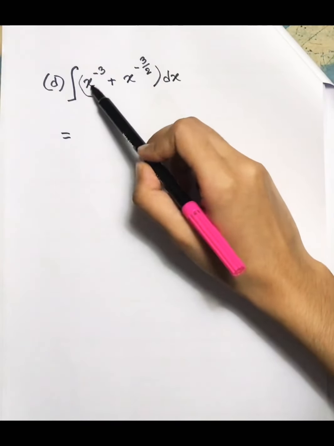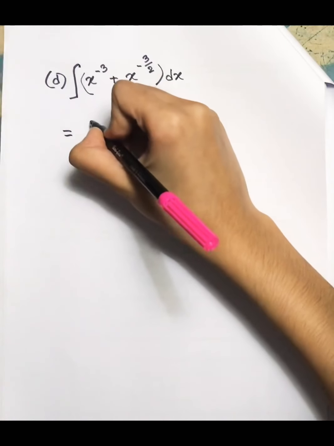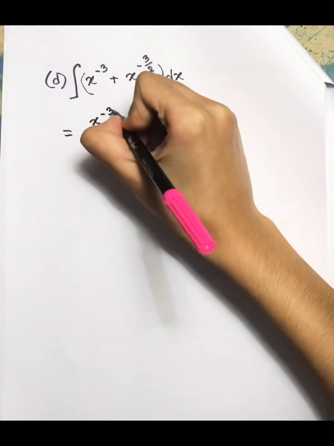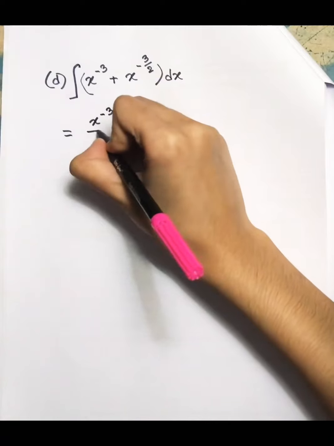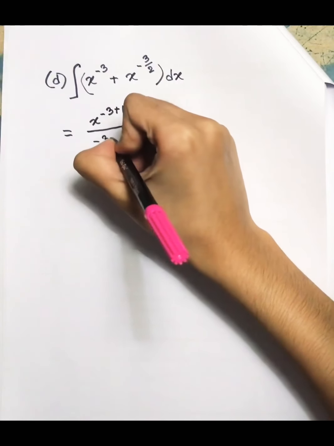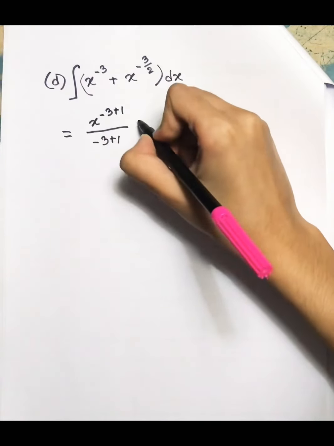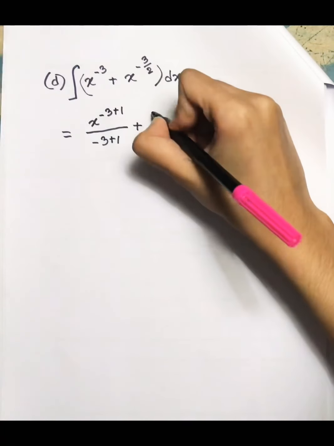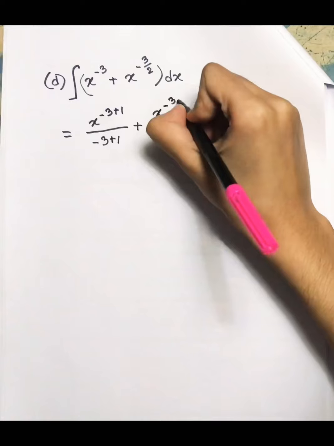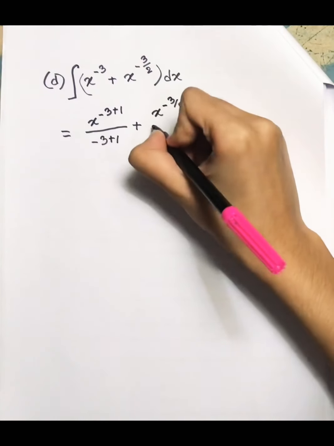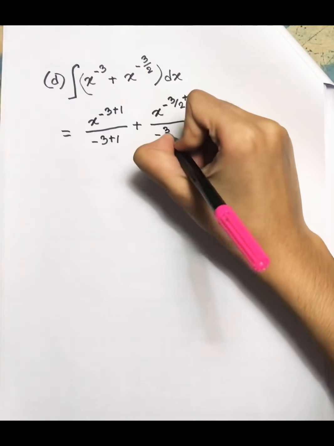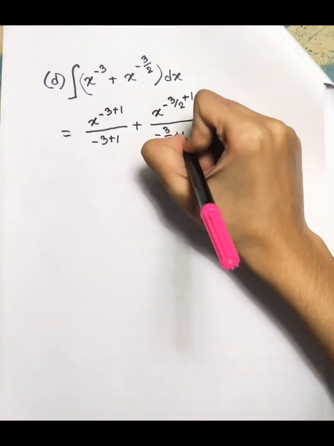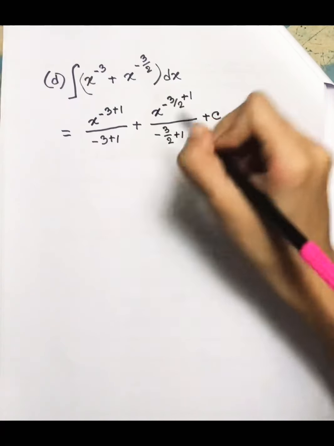So the integration of x to the power minus 3 is x to the power minus 3 plus 1 divided by minus 3 plus 1, and the integration of x to the power minus 3 by 2 is x to the power minus 3 by 2 plus 1 divided by minus 3 by 2 plus 1 plus c.